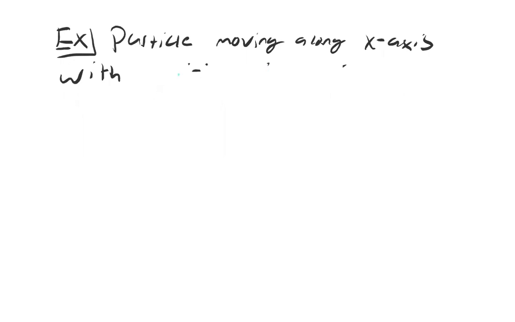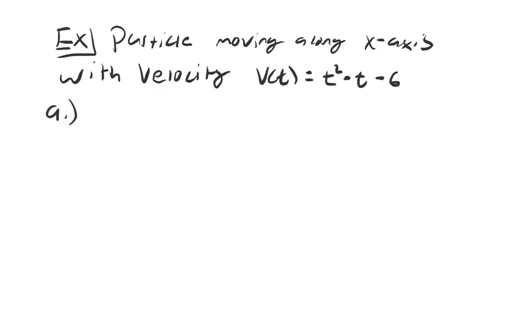So it's easier to measure velocities than it is to measure something's displacement at any given time. So with velocity v of t equal to t squared minus t minus 6. And part A is to find the displacement.